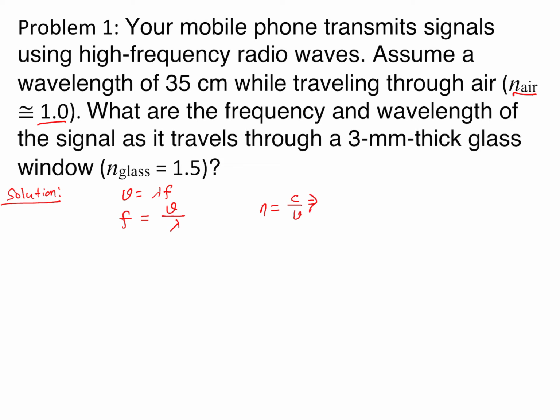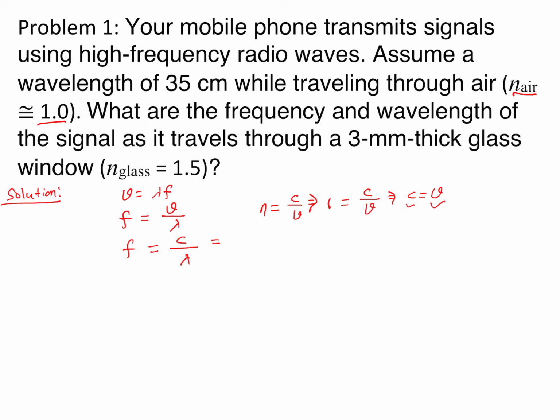In air the refractive index is 1, and c is the speed of light in vacuum and v is the velocity of the light in air. So, if the refractive index is 1, that means v is equal to c. The velocity of light in vacuum is equal to the velocity of light in air. So, the frequency of that transmitted radio signal is, since v is now c because the refractive index is 1, f is equal to c over lambda.